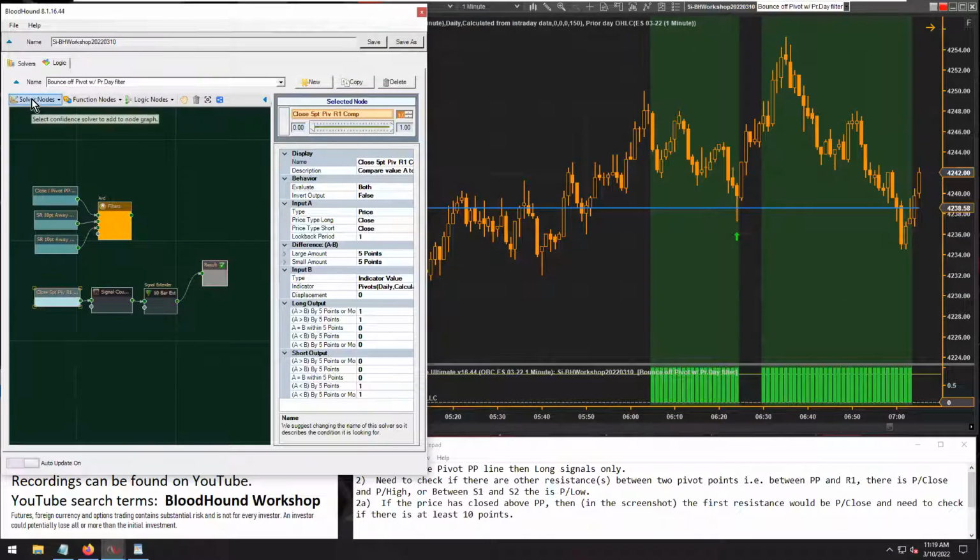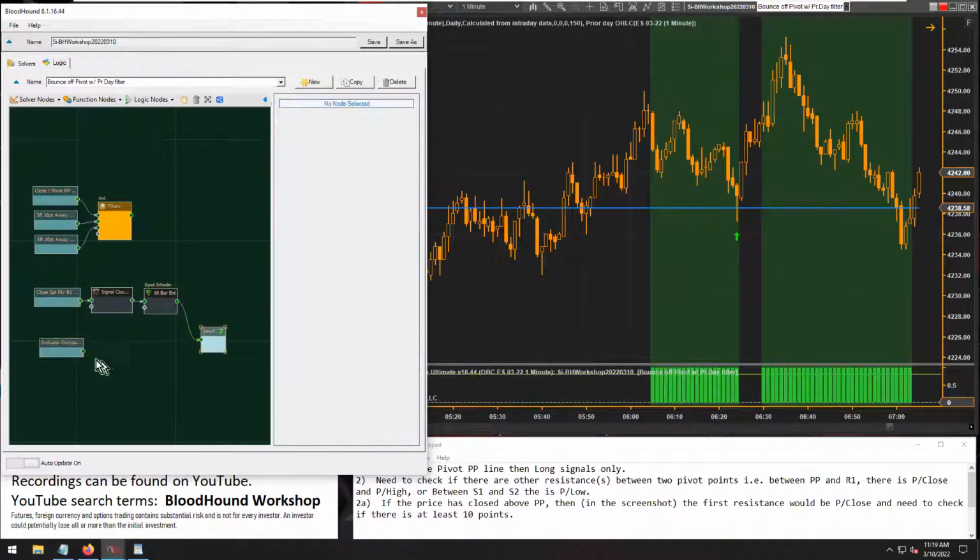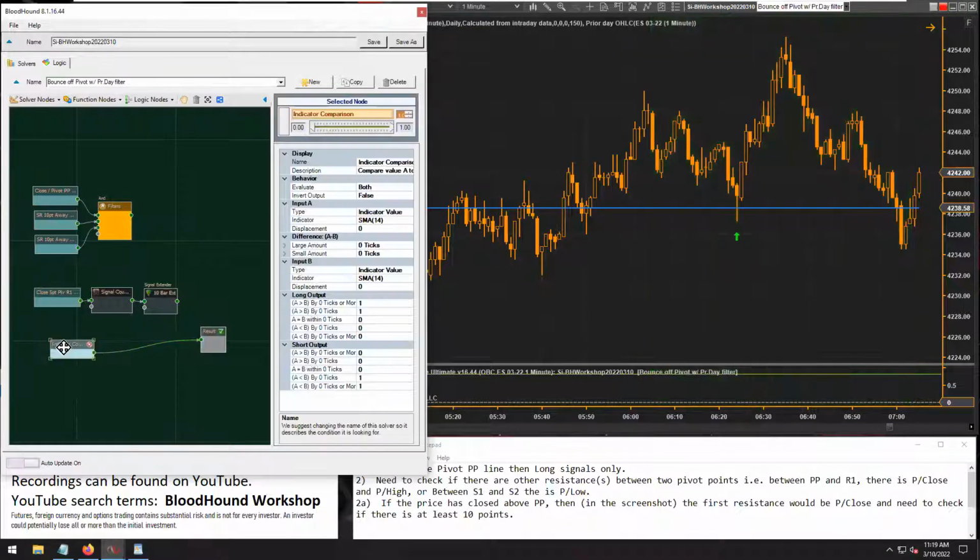So let's grab another comparison solver here. Connect that in. And let's see here. I simply called this the bar touching R1.